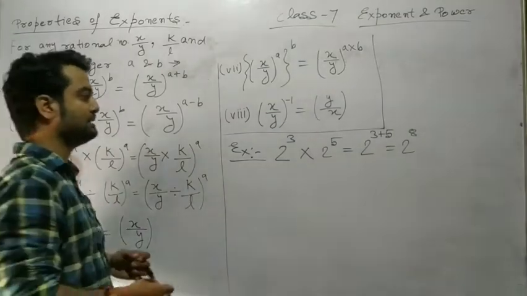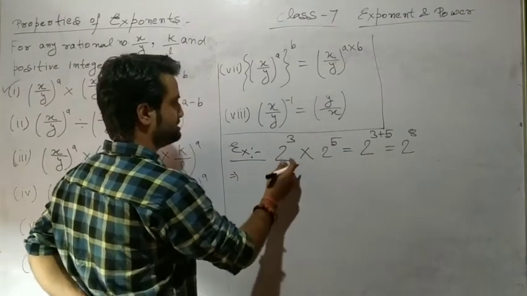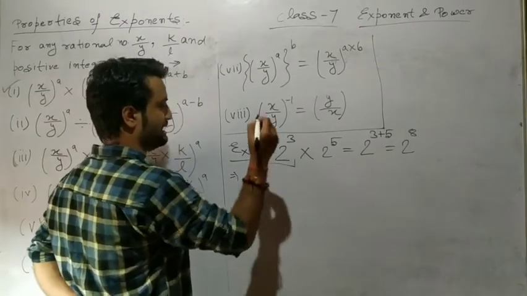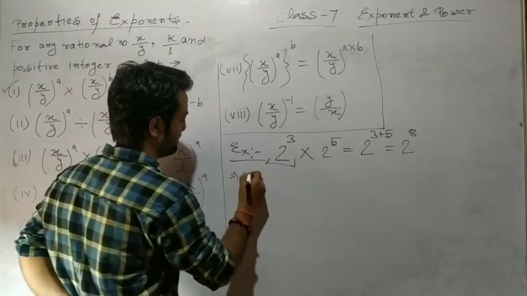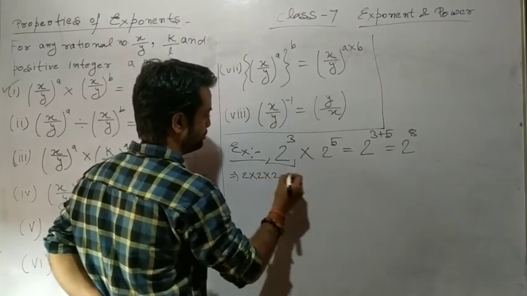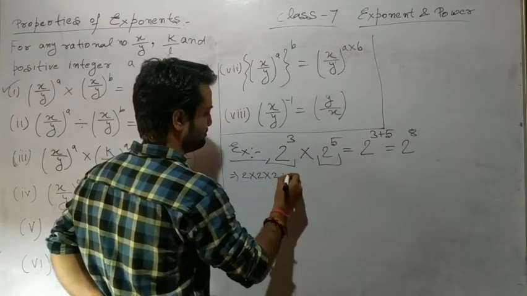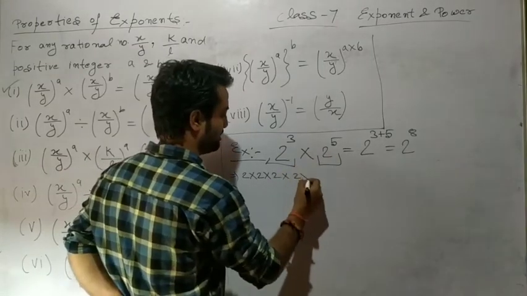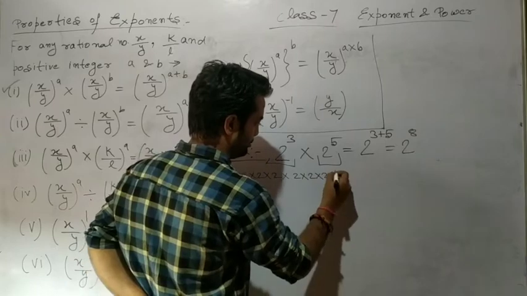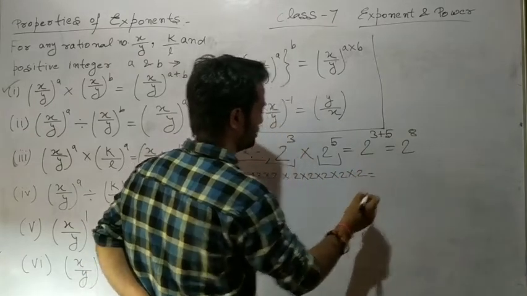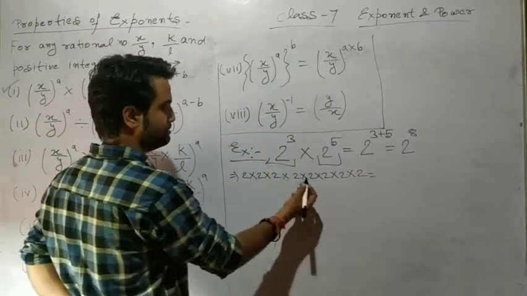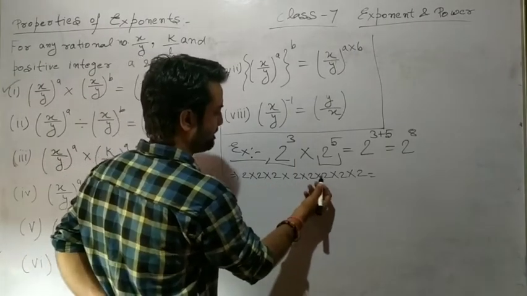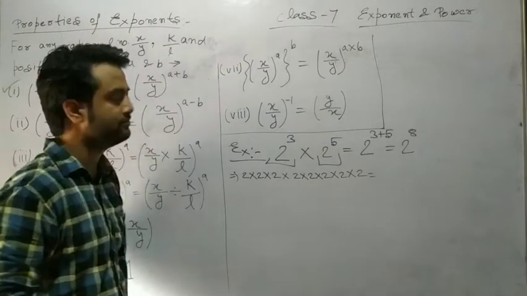Why does this happen? 2 raised to the power 3 means, if we expand this term, 2 into 2 into 2. And if we expand the other term, it can be written as 2 into 2 into 2 into 2 into 2. If you count it, the 2 is multiplied 1, 2, 3, 4, 5, 6, 7, 8 times.